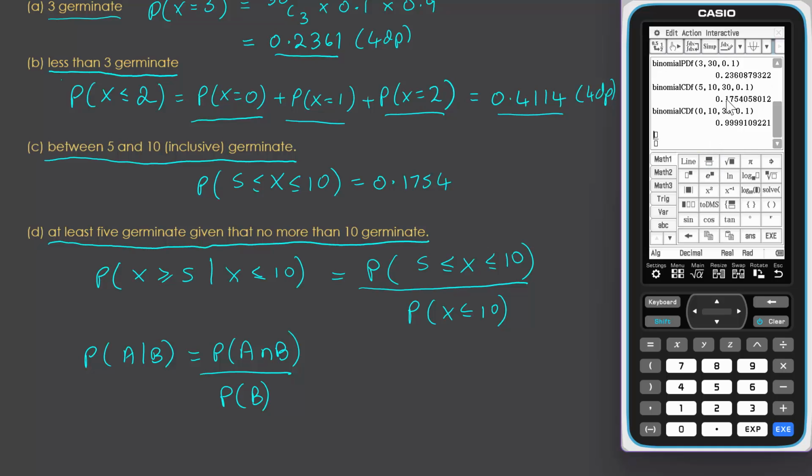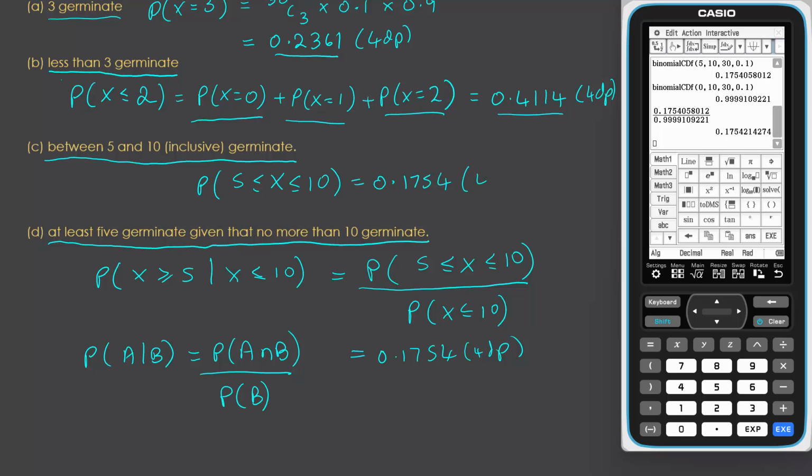And so what we want is the answer to this one, which we can just grab and drag into the numerator there, divided by this one, which we can grab and drag there. And then if we execute that, that's 0.1754, which of course seems to be the same as the answer to the previous.